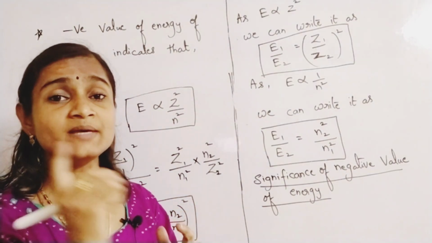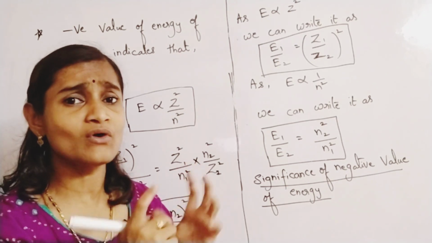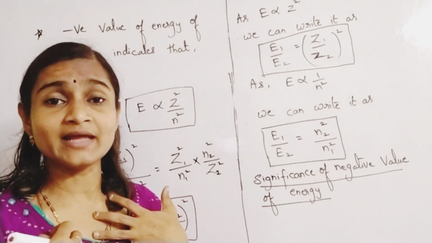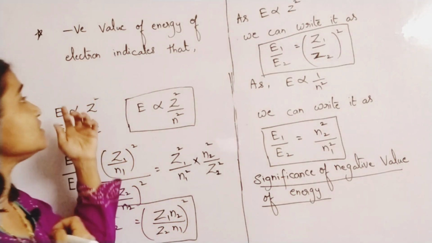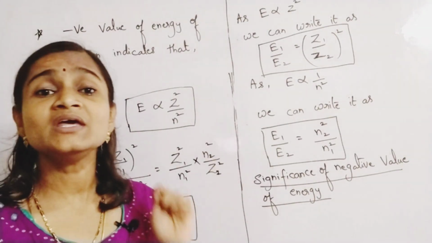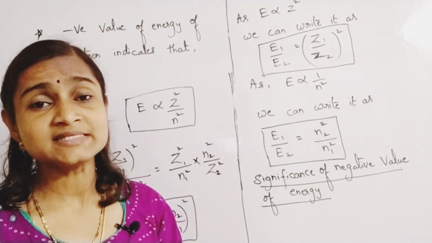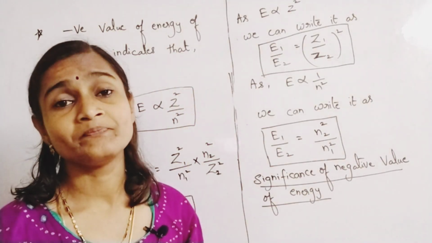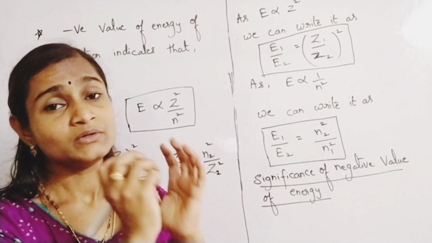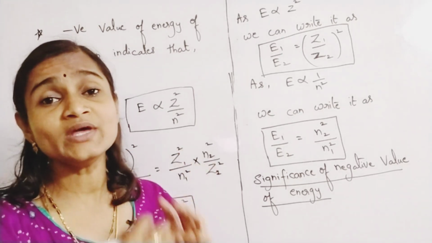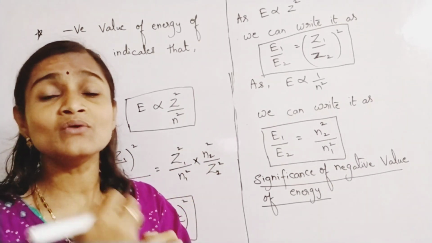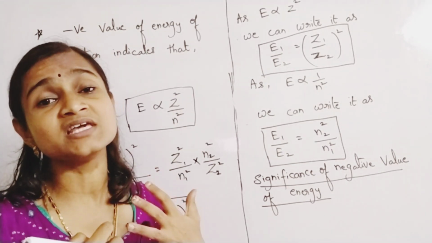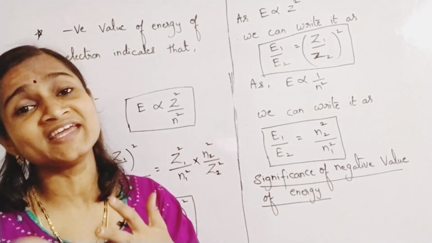You all know that the electron keeps revolving round the nucleus and it is not falling into the nucleus. Why is it like that? There is some energy for the electron, and that energy you are indicating to be negative. Why? The significance is the electron has to do some work to overcome the influence of the nucleus, so some of the electron's energy gets used up and it goes into negatives.